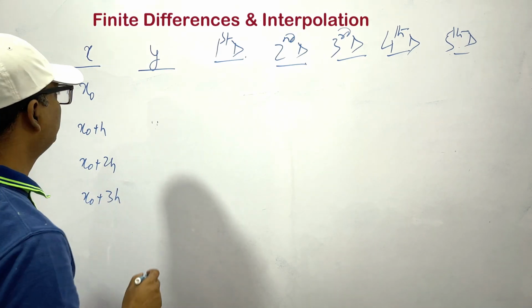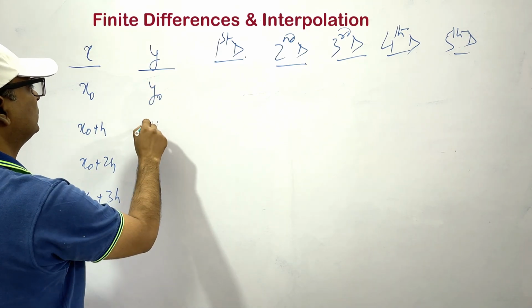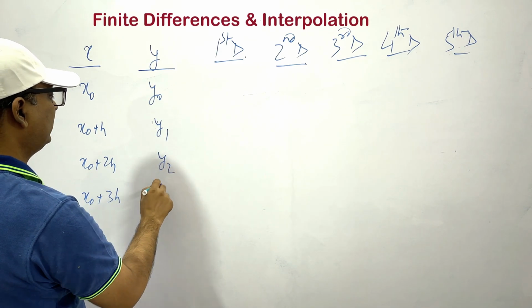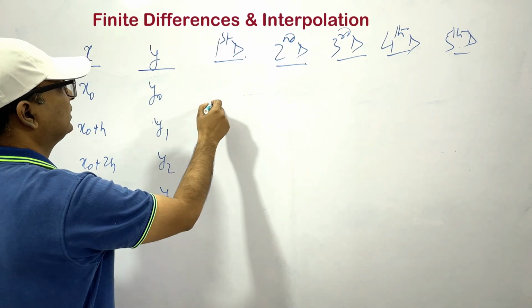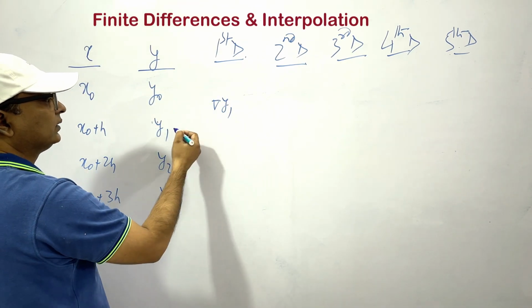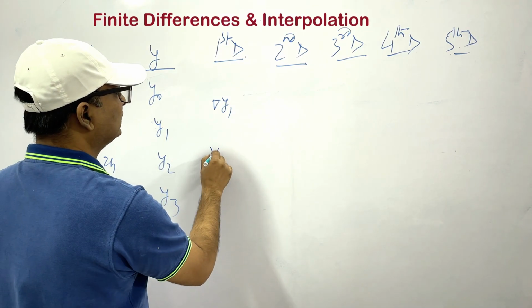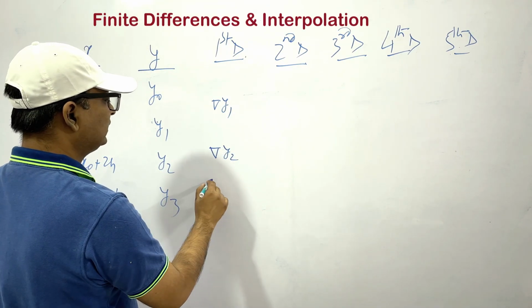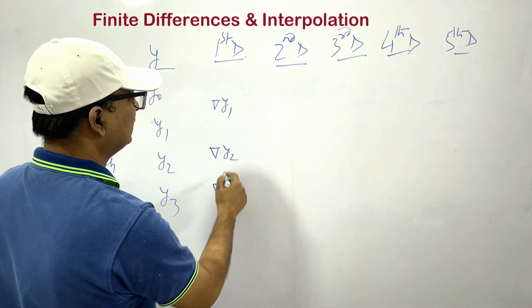Let's say we start from here only. So this is y0, y1, y2, y3. Then this is del y, this time it will be 1. So this is del y1, this is del y2, and this is del y3.